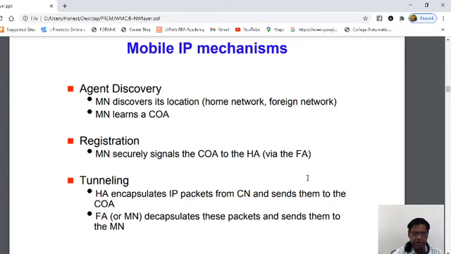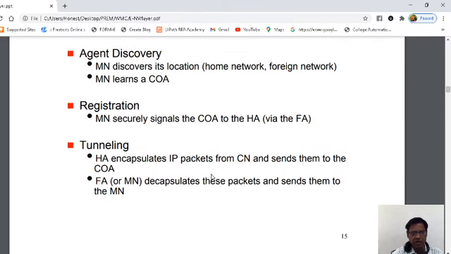Registration is used so that the mobile node securely signals the care-of address to the home agent via the foreign agent. Tunneling is used so that the home agent encapsulates IP packets from the CN and sends them to the COA, the care-of address. Then the foreign agent decapsulates these packets and sends them to the mobile node.